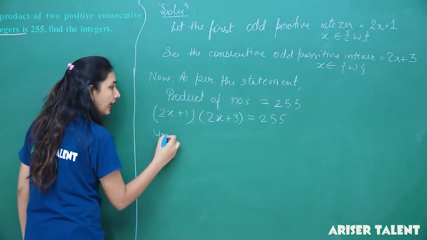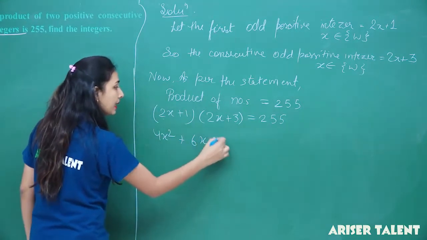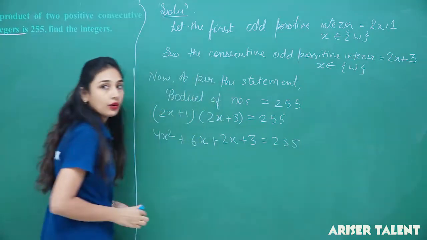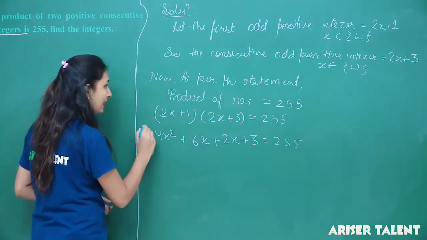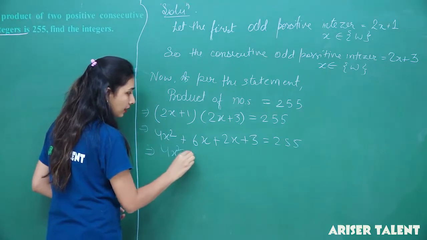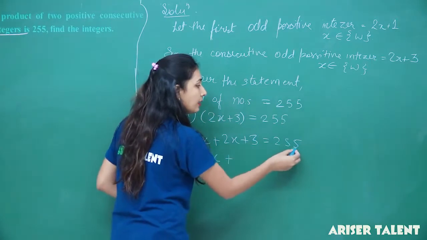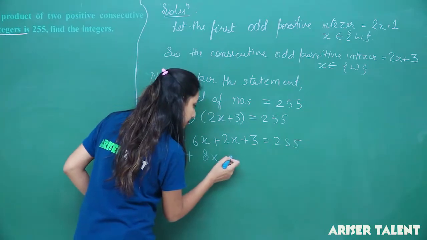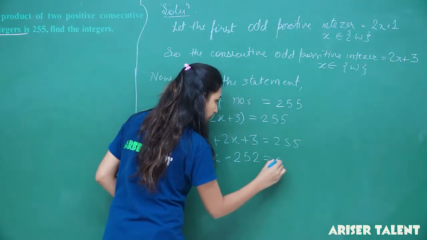2x times 2x gives 4x square, plus 6x plus 2x plus 3 equals 255, right students? Now if I simplify, that will become 4x square plus 8x plus 3 minus 255, which gives minus 252 equals 0.